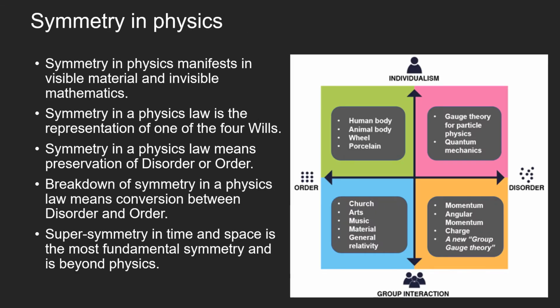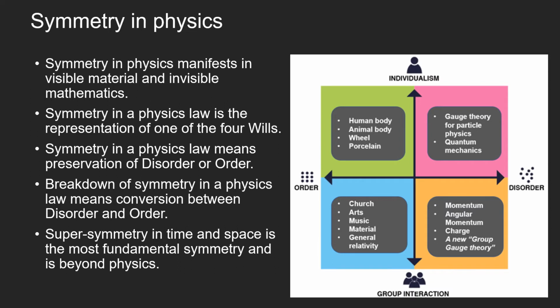Symmetry in physics manifests in visible materials and invisible mathematics. Symmetry in a physics law is the representation of one of the four wills. It means preservation of disorder or order. Breakdown of the symmetry means the conversion between disorder and order.